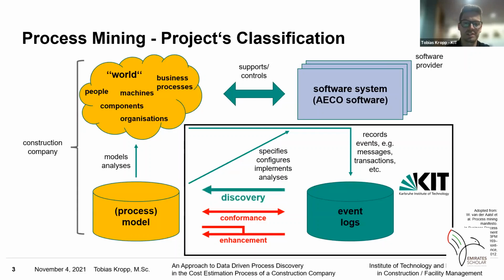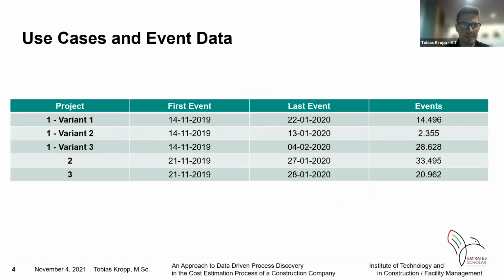So we did process discovery. We had 3 different projects where we got data from. Here is the amount of events listed for the 3 projects. For one project, there were 3 different variants where we got data from. There was a building the construction company was planning to build, and they had 3 different calculation variants for this. So there we had 3 data sets.